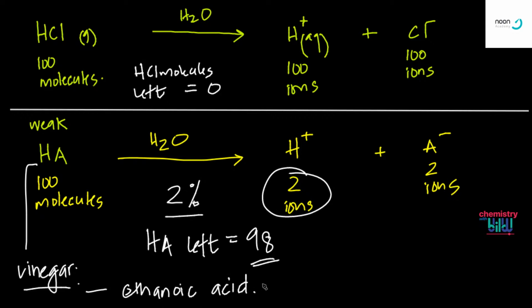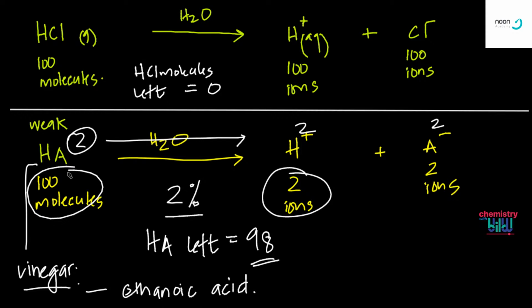Okay, Rania, 2 became 2 and 2. So out of 100, only 2 reacted. We had 100, but only 2 reacted. How many left? 100 minus 2, which is 98.